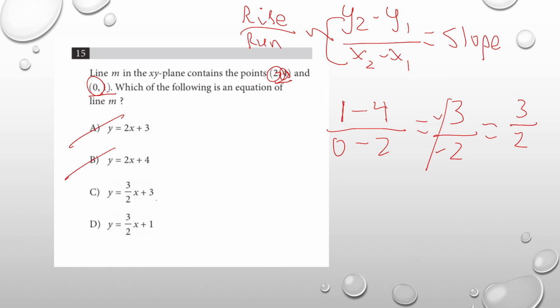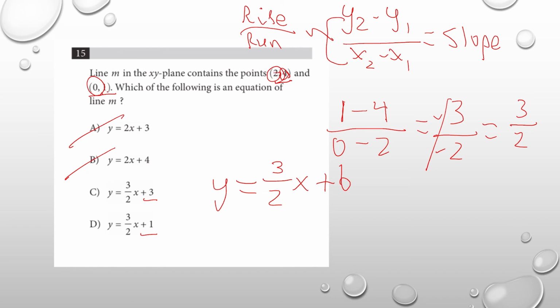And now all we need to know is which of the equations is true. We see these differences here in the y-intercept. So what we can do, knowing that the slope is 3 over 2, is write this out as y equals 3 over 2x plus b, with b being our y-intercept.